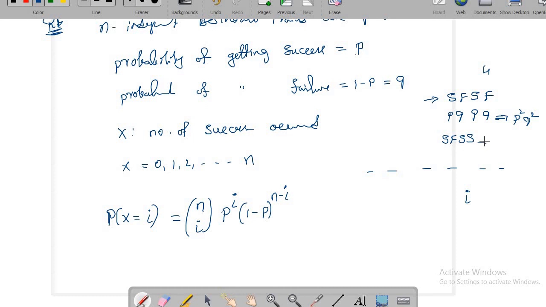Now the chance of getting this kind of element is, first you want a success, next a failure, then success, and success. So this is p cube into q. If you want to know how many elements there are with exactly 3 successes when you perform a random experiment 4 times, there are actually 4 choose 3 such elements in which 3 successes and 1 failure occur.